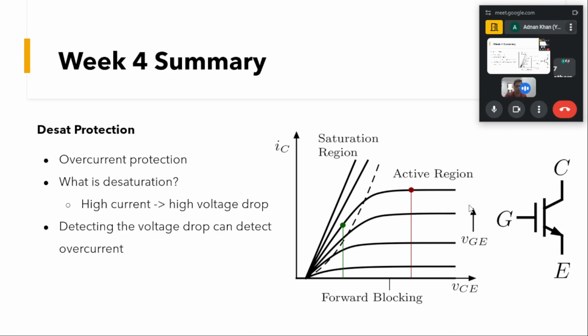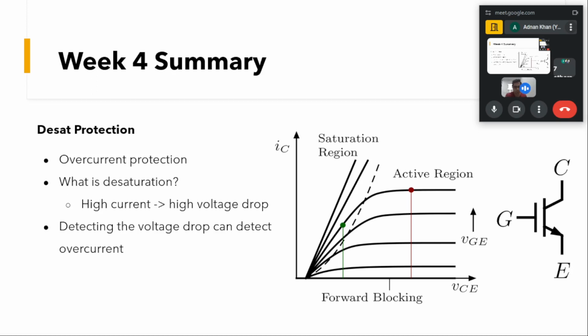Now what do we need to do for the implementation of this protection? Whenever current flows through this VCE, if the current increases, this may cause an increase in the VCE voltage drop. If we are somehow able to detect this VCE voltage, we can say there is an increase in our current.